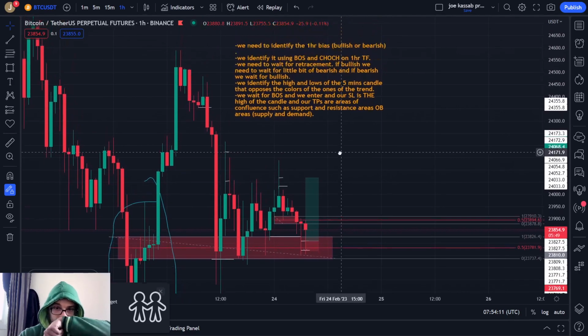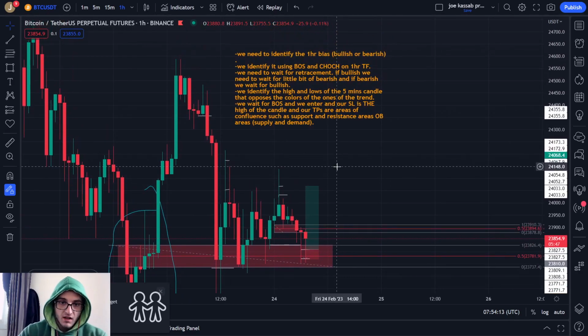So today's strategy is based on recent technical analysis that I explained in recent videos, such as order blocks, supply and demand zones, okay, we have support and resistance, break of structure, change of character, and trend following.